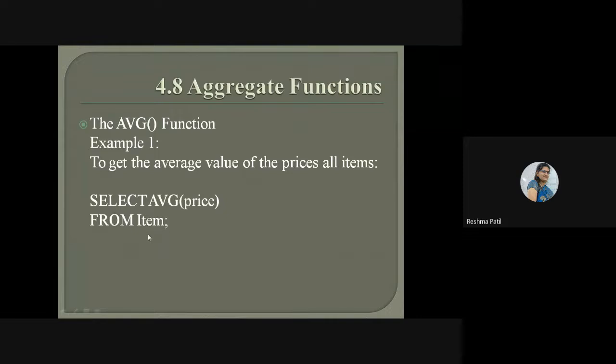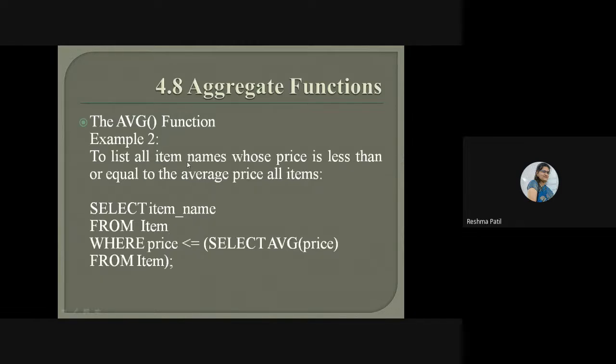For this you will get a single output, for example 200 or 300. That will be your average value, only a single value it will return. So this is the first function, the AVG function.